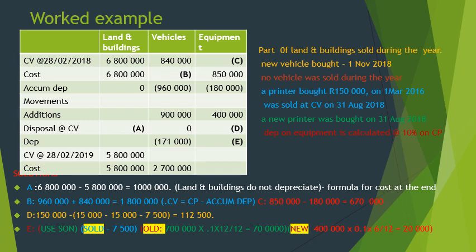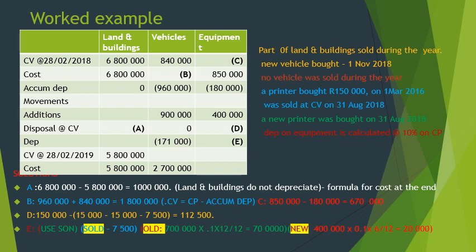So when you are calculating, you need to take into account the information because it must help you to figure out the missing amount. We have additional information on the right of the fixed asset note. Part of land and buildings was sold during the year.